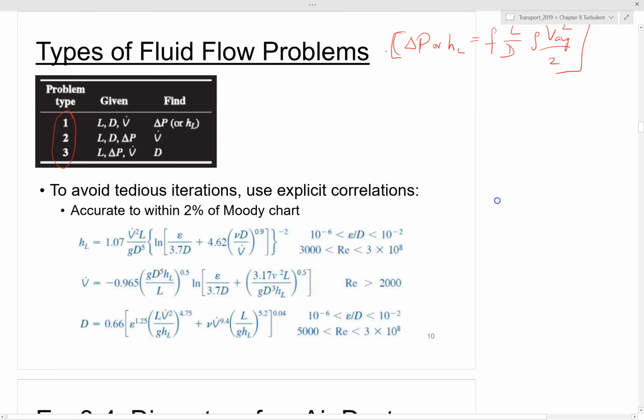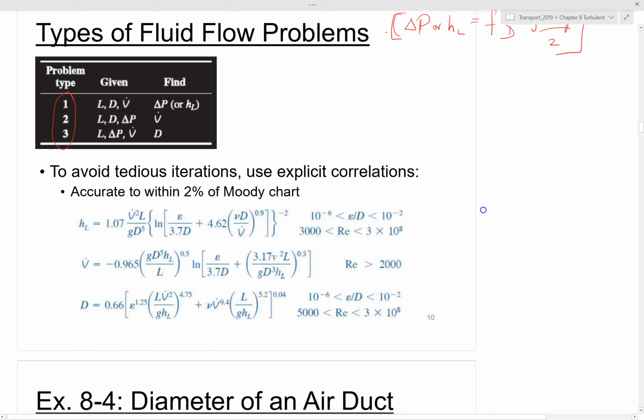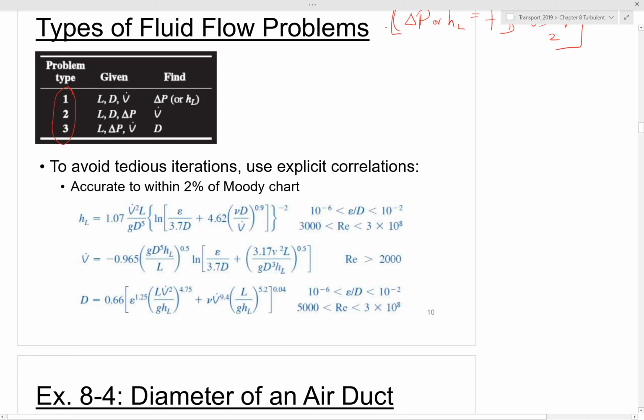But since we could be dealing with either a laminar regime, a transition regime, or a turbulent flow regime, the empirically used set of equations applies if you are asked for the first type, with the pressure drop or head loss, and you are given L, D, the length of the pipe, the diameter, and the volumetric flow rate, or any combinations of these parameters.